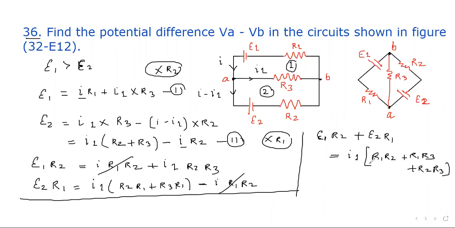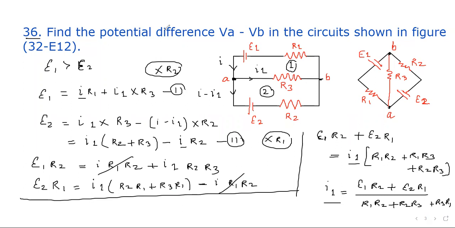Now we have to find I1. So I1 equals (E1 R2 plus E2 R1) divided by (R1 R2 plus R2 R3 plus R3 R1). Here, our concern is to get the potential between A and B, so it will be equal to I1 times R3.